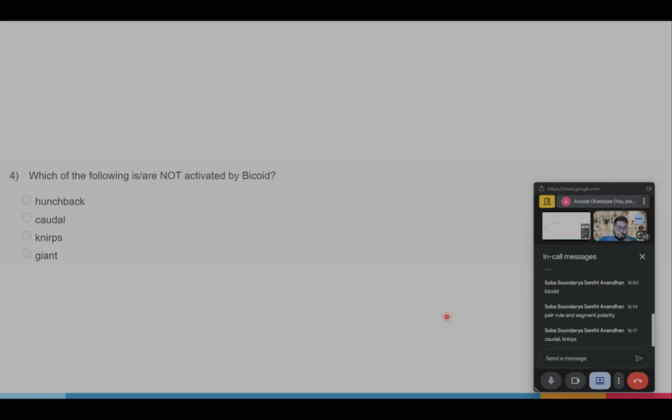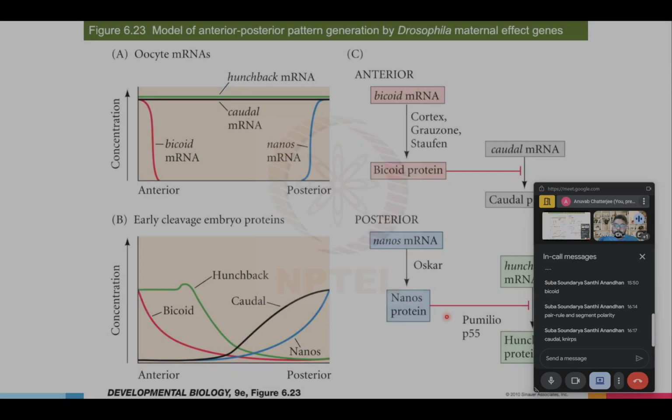Okay, caudal and nanos, we got the answer. So yeah, let us look at it.